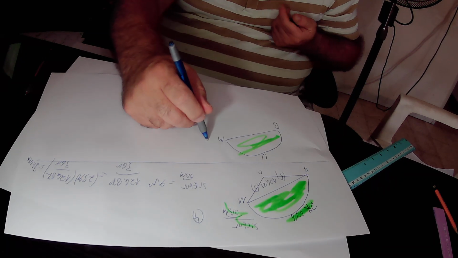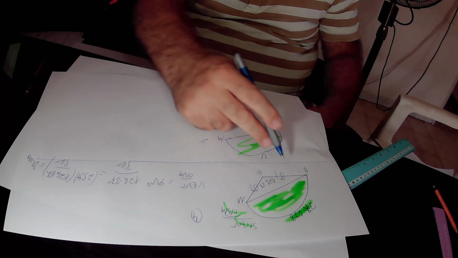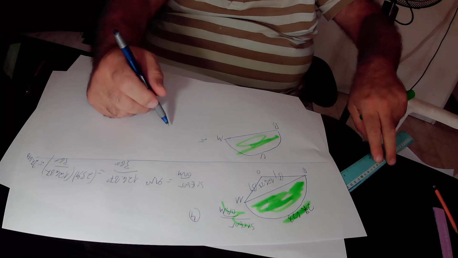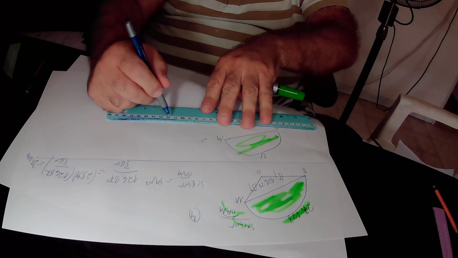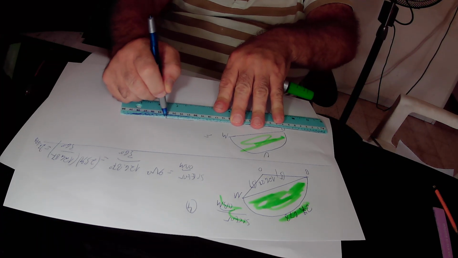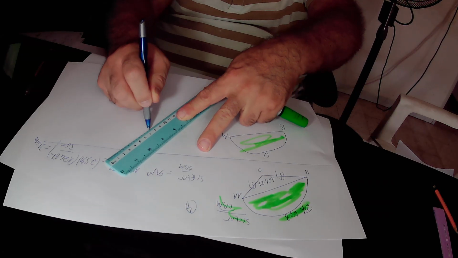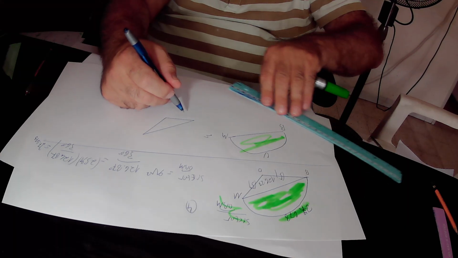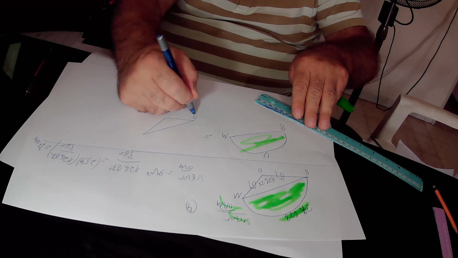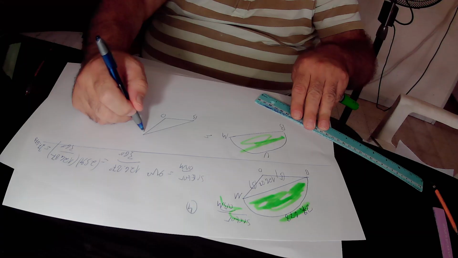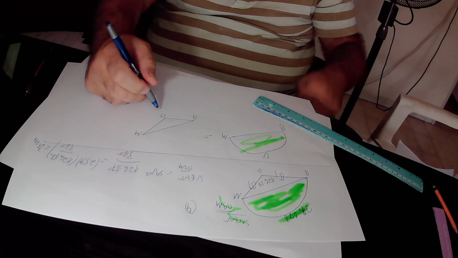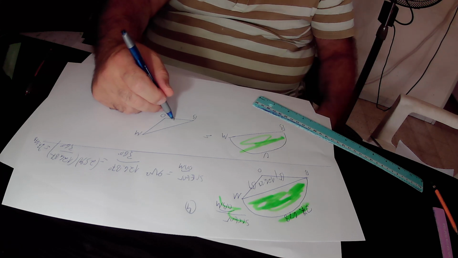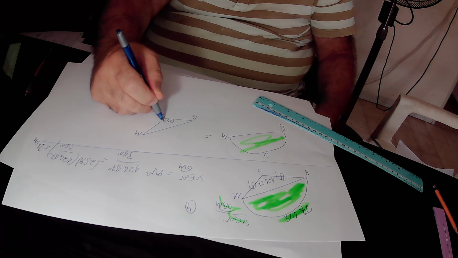From the drawing, it is very easy to see that the area of upper segment BUM will be equal to the area of sector OBM. This is the area of this sector. The angle between the legs of the sector is 126.87 degrees.